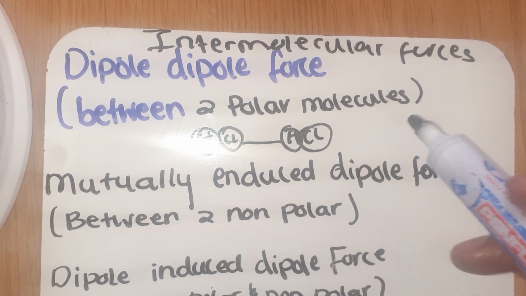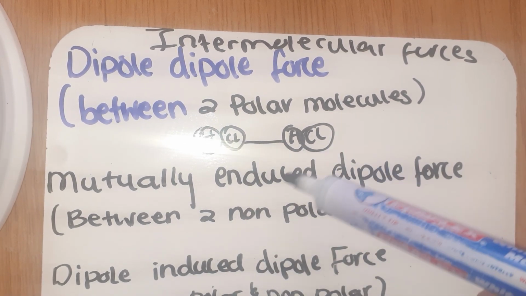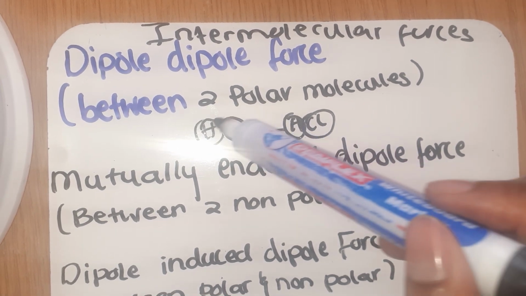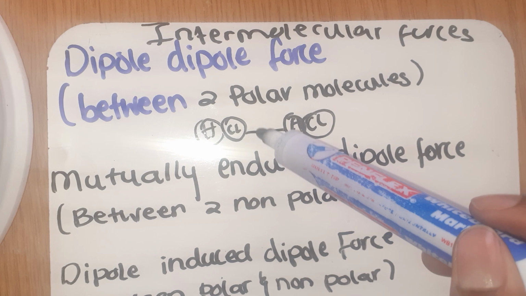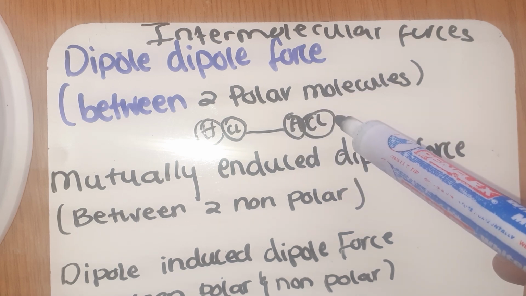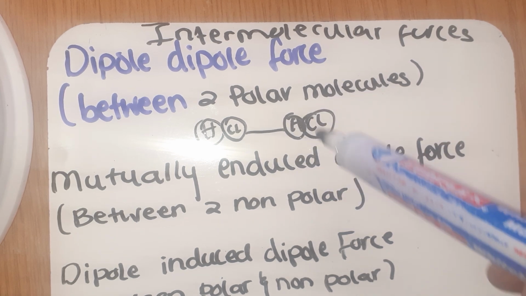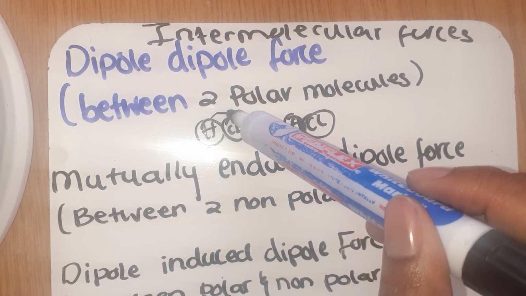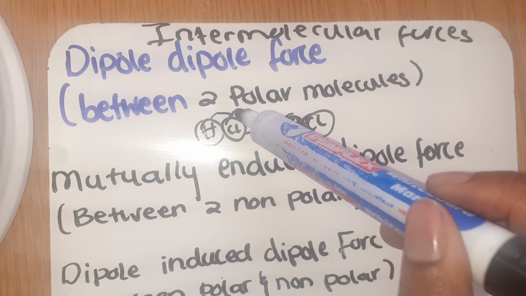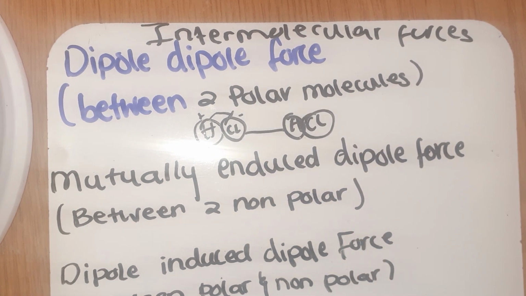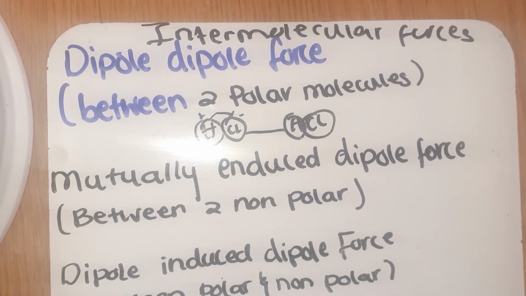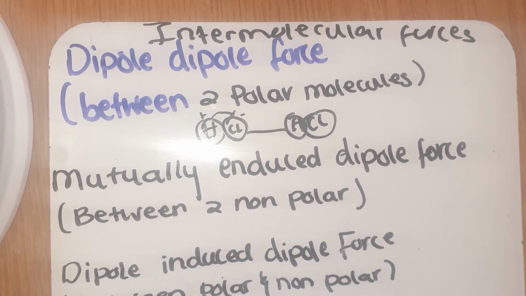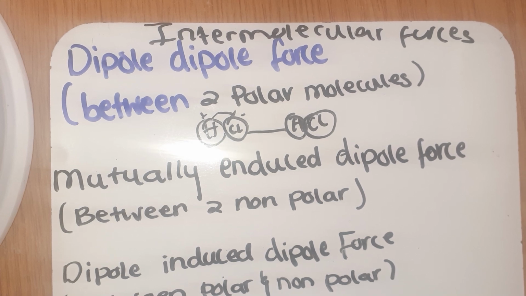So they are both polar molecules, which means the one will give up its electrons to the other, because the Cl is in group 7 and the H is in group 1. So the H will give Cl its valency electrons. This one will be negative and this one will become positive. So they are polar. And then the second one, mutually induced dipole forces.